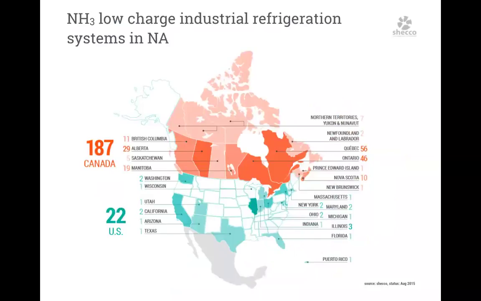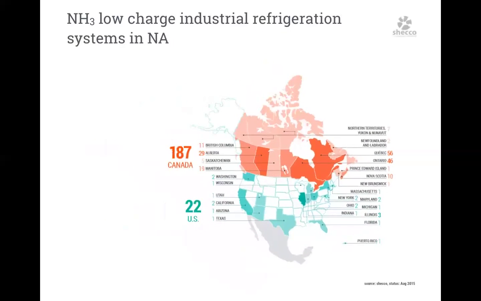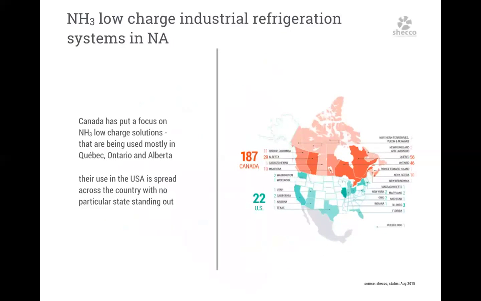This map shows ammonia low charge systems. We heard that especially Quebec, where we have 56, and Ontario, 46 applications, have provided incentives for the uptake of low charge ammonia systems, and we can see that reflected in the total numbers. And the use among the US states is quite widespread, so there's no single state really standing out.